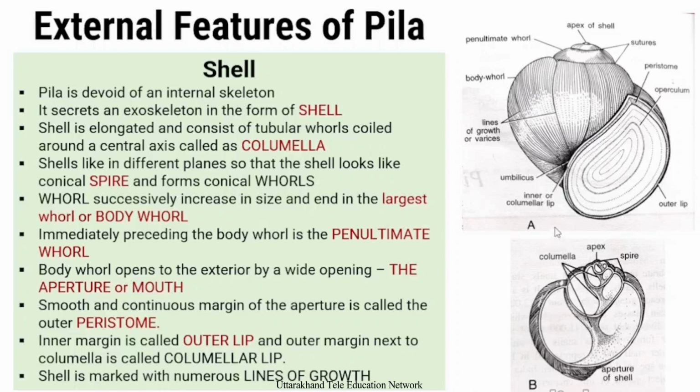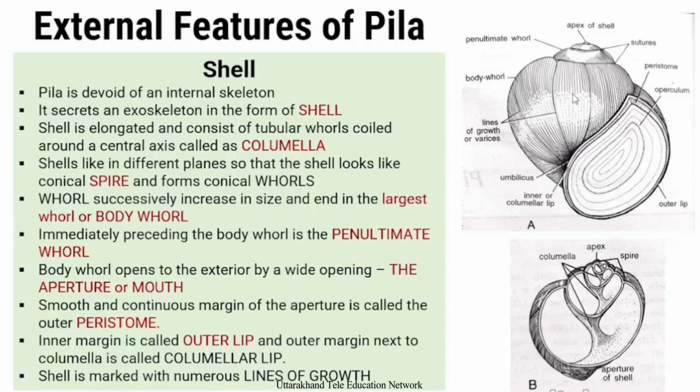Shell is coiled in different planes so that the shell looks like a conical spire. Whorls successively increase in size and end in the largest whorl or body whorl. So this is a big whorl you can see here.